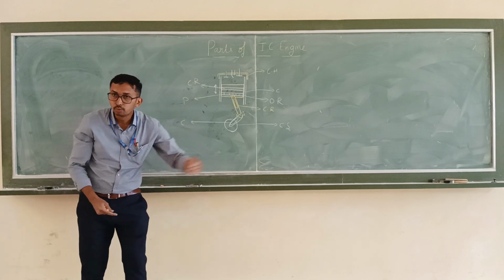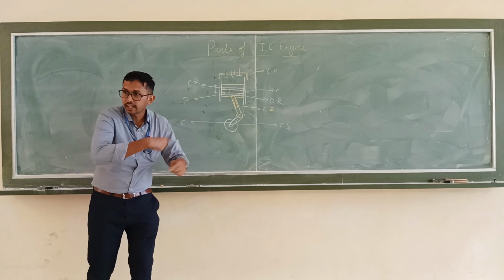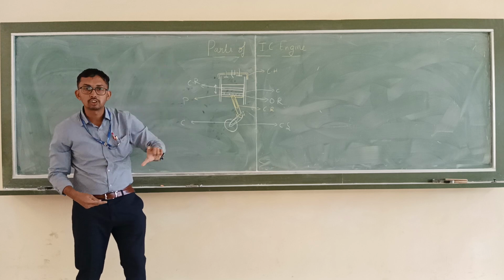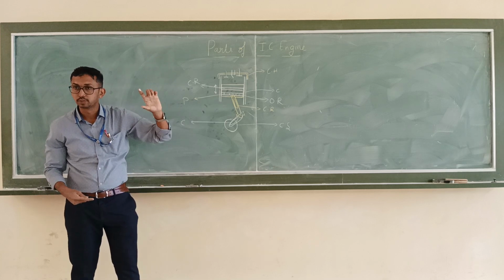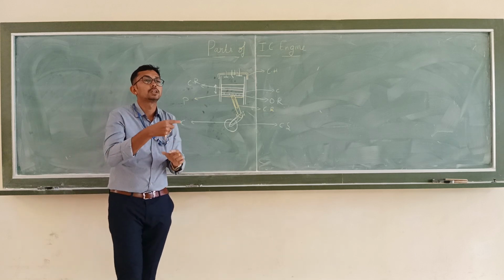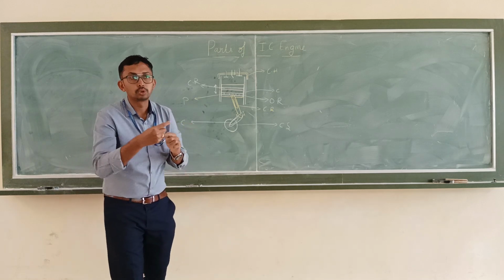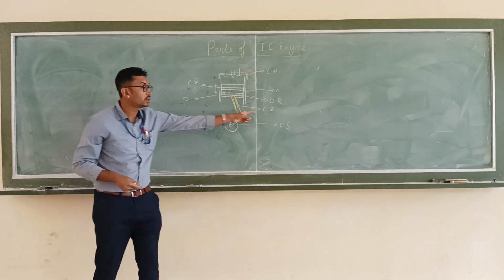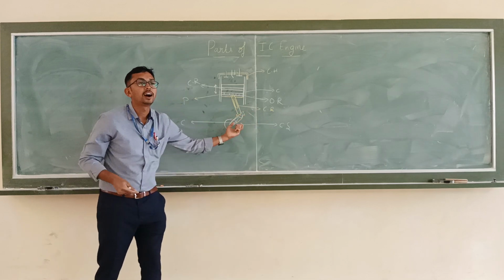Your vehicle has to move, so the wheel has to rotate, but inside the engine the piston is reciprocating. So the reciprocating motion is converted into rotary or circular motion with the help of the connecting rod and crank.